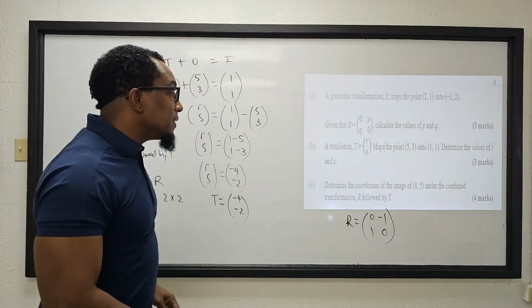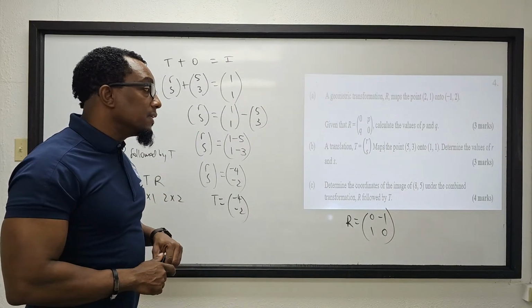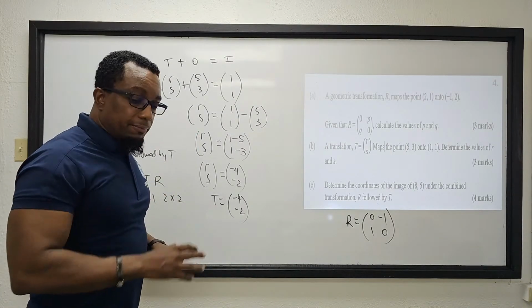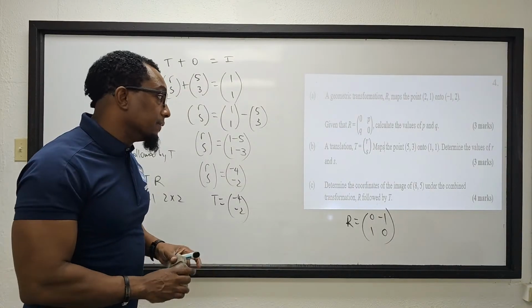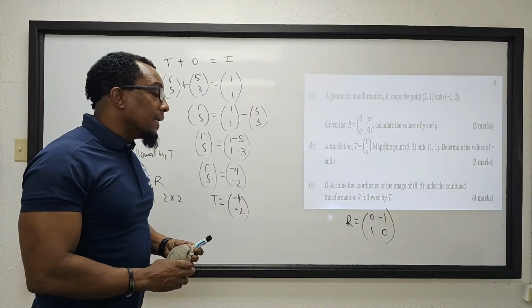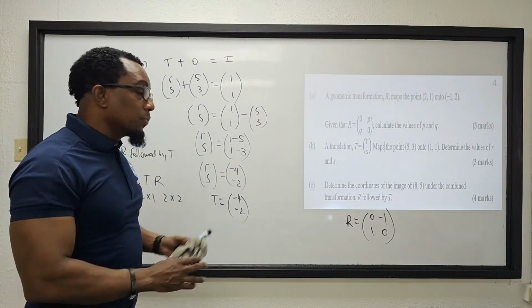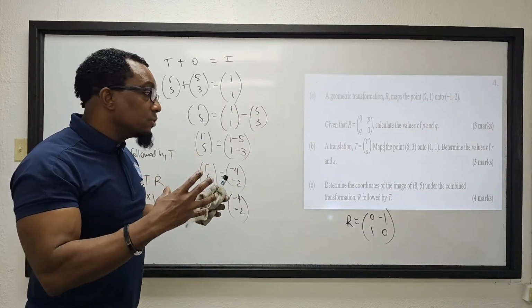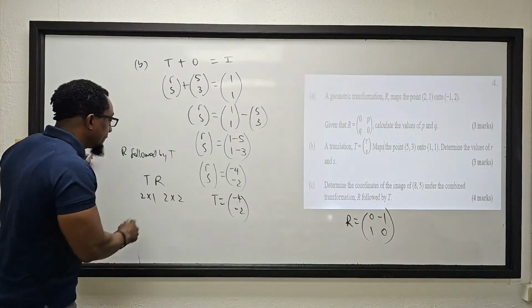So we cannot state it in that order as TR, because R is a 2 by 2 and T is a 2 by 1. So what we have to do, in order for us to determine the coordinates, we have to do it individually. Alright? So we're going to carry out R first, get the result, and then we're going to carry out T after. So we're not going to combine the two matrices, because that cannot be done.